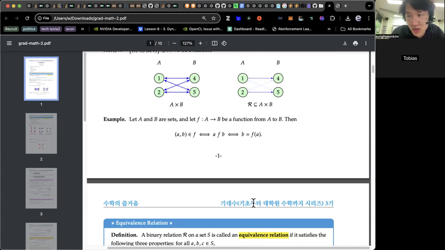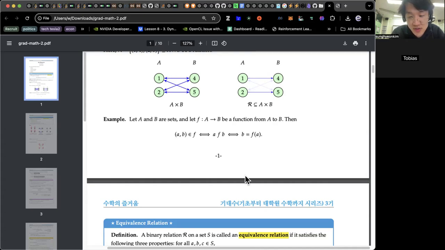And one-to-one is the condition that when x1 and x2 are different, then f(x1) and f(x2) should be different. This is one-to-one, and in particular for linear transformation mapping, we can think of it as the linear transformation we studied in linear algebra.